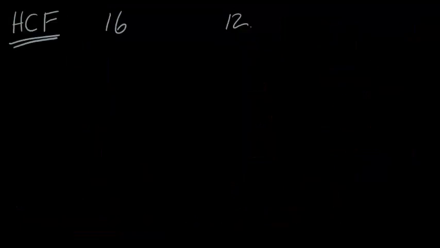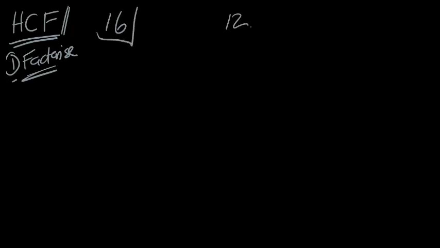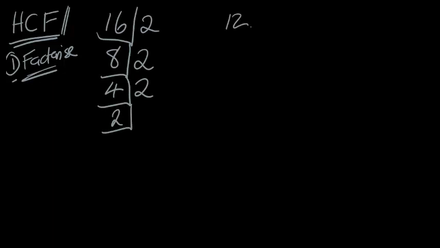Next, I am going to look at highest common factor. The first step that I do in highest common factor is going to be to factorize, and I'm going to do prime factorization. So I'm going to say 16 divided by 2 gives me 8. 8 divided by 2 gives me 4. 4 divided by 2 gives me 2. 2 divided by 2 gives me 1. I'm done.